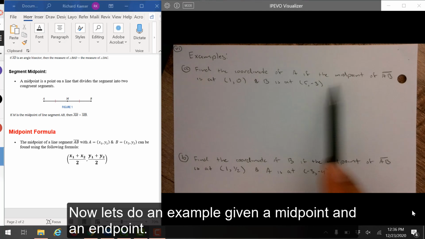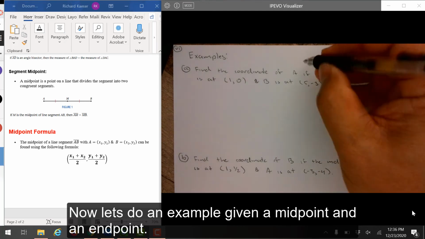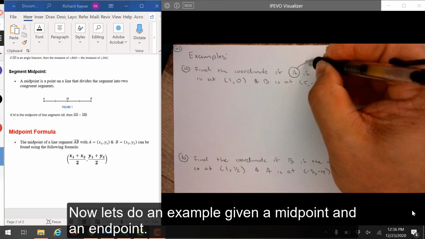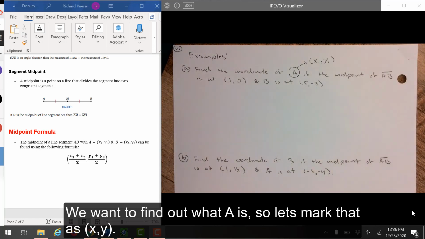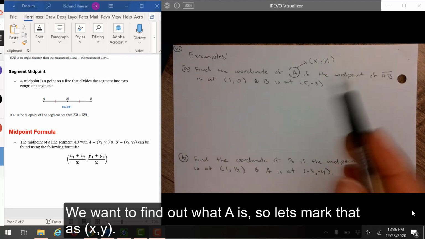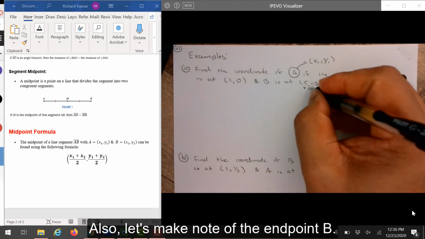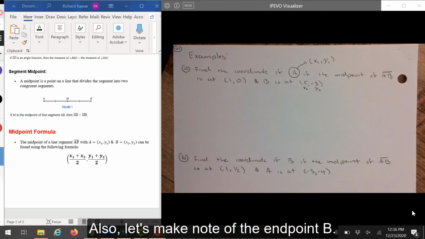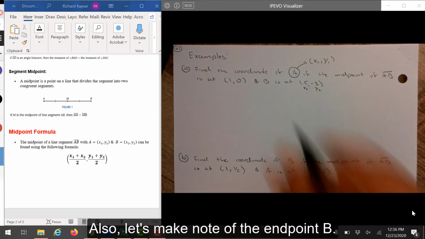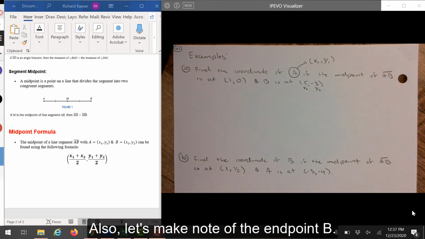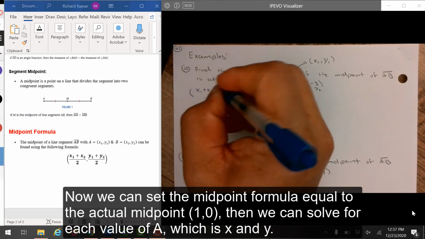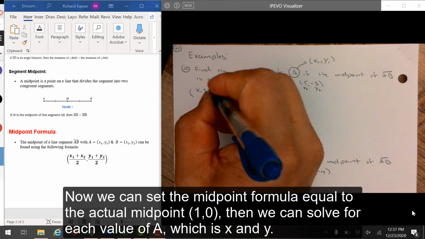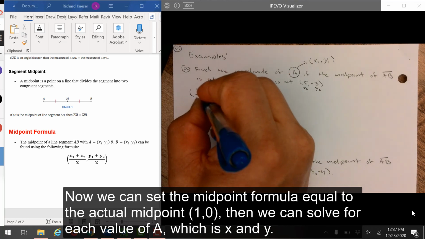Now let's do an example given a midpoint and an endpoint. We want to find out what A is, so let's mark that as X, Y. And also, let's make note of the endpoint B. Now we can set the midpoint formula equal to the actual midpoint, 1, 0.